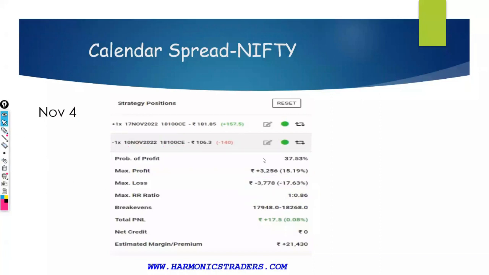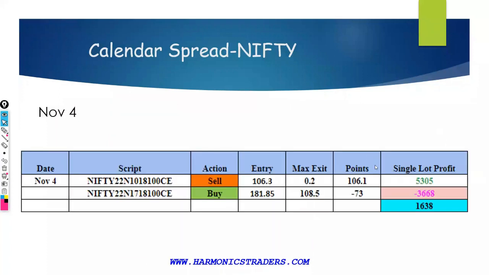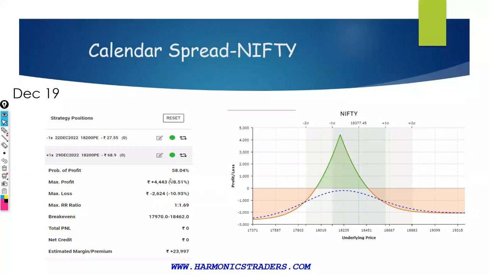Yeah. So in the next part of the session, we will be discussing more about calendar and diagonal. We'll spend some more time hands-on. Let me carve out the textbook part with respect to calendar and diagonal, and you guys pick some stocks, pick some strikes.